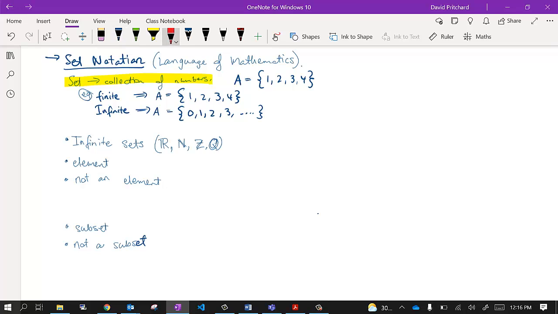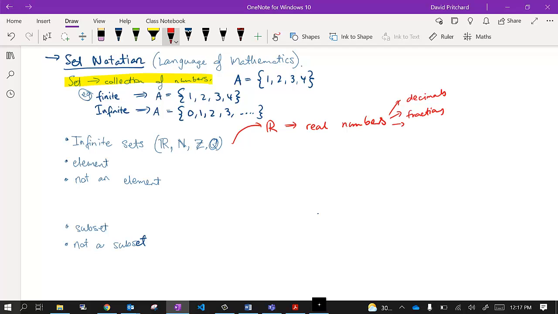So we can see here, infinite sets, and we've got R. Now that is real numbers. And real numbers basically encapsulates any real number you can think of. So it includes decimals, which are reoccurring, terminating, and so on, all fractions, surds.